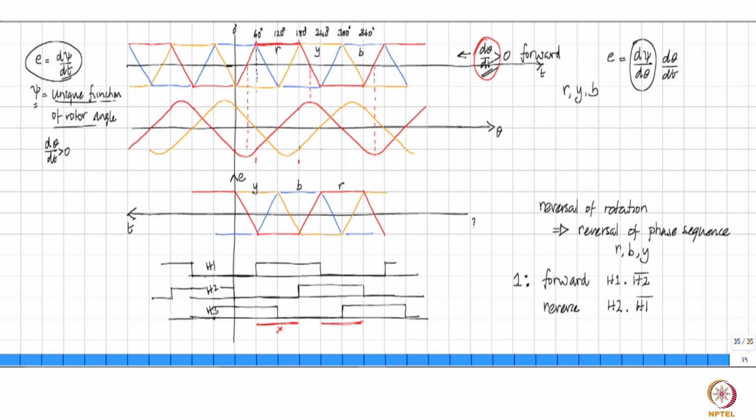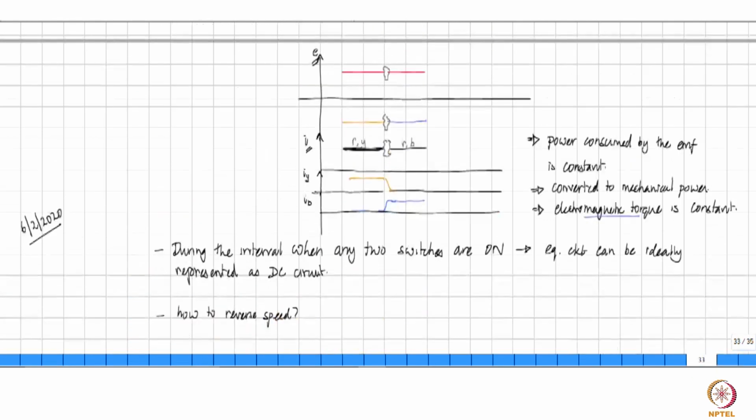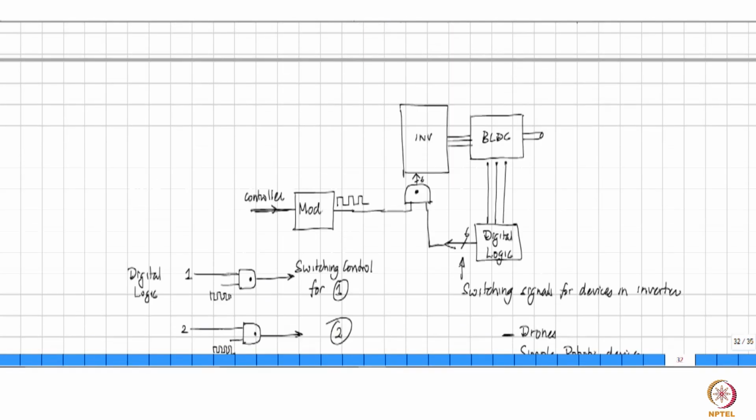redefined. Right? So when we drew the overall control structure, we had a control structure that looks like this. You had a digital logic, and the digital logic accepts the Hall switch inputs and then delivers the signals to be given to the devices. Now this block requires one more input, which is pertaining to the direction of rotation.